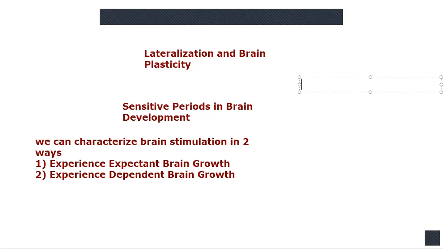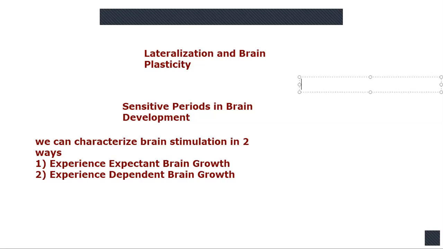Sensitive periods in brain development means that stimulation of the brain is vital during certain periods in which it is growing rapidly. It is also seen through animal studies that early extreme sensory deprivation results in premature or permanent brain damage.